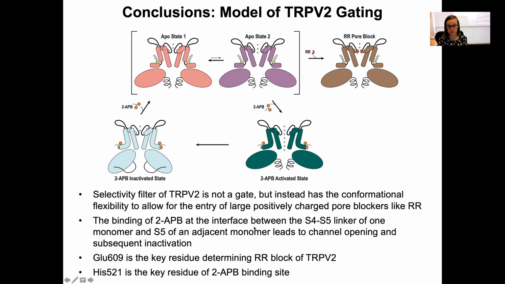The binding of 2-APB at the interface between the S4, S5 linker on one monomer and S5 on the adjacent monomer leads to channel opening and subsequent inactivation. Glutamic acid 609 is a key residue determining the ruthenium red block, and histidine 521, located over here, is a key residue for 2-APB binding.